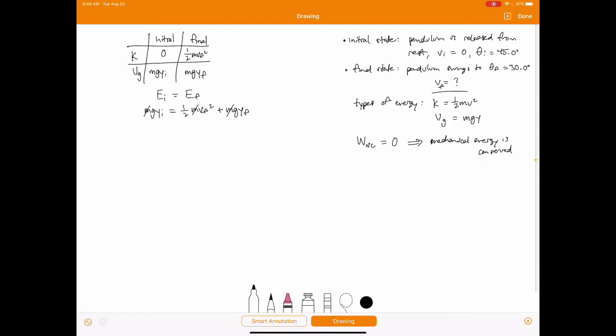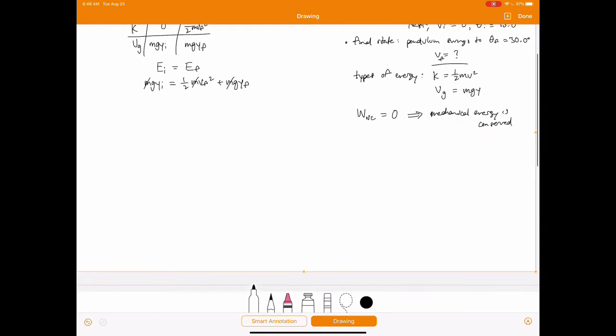Okay, the next thing we need to do is a little bit of geometry, because in our equation for potential energy, we have y, which represents the height of the pendulum ball, but the information we're given is theta, the angle that the string makes. So let's try to relate those two to each other. So this will be the y-axis, which we use to measure height.